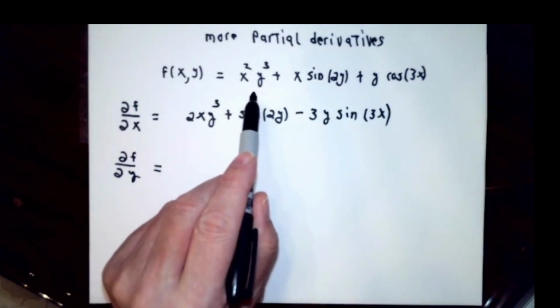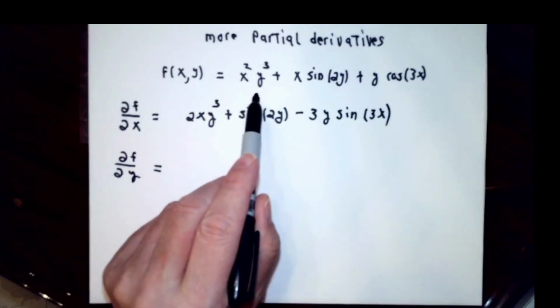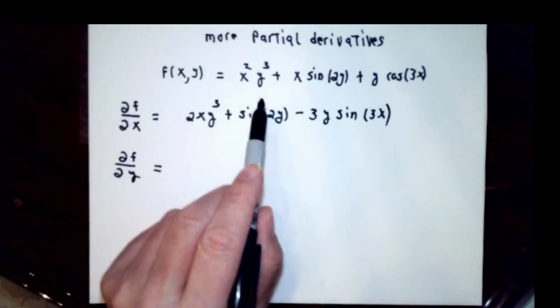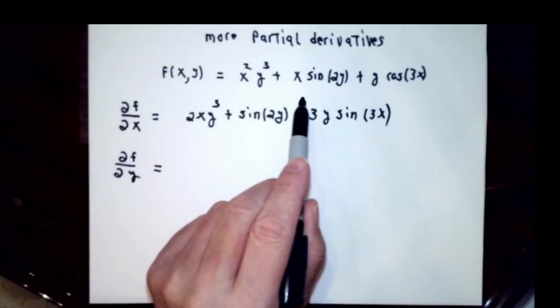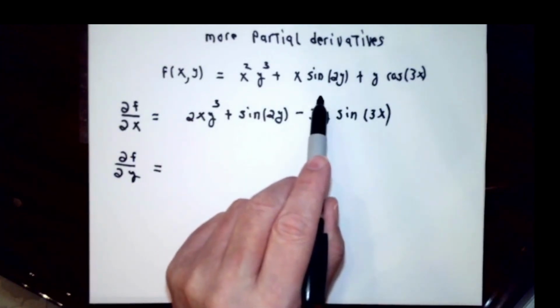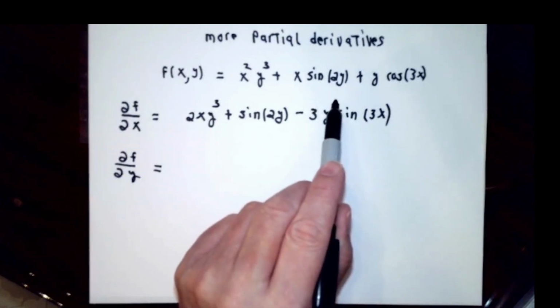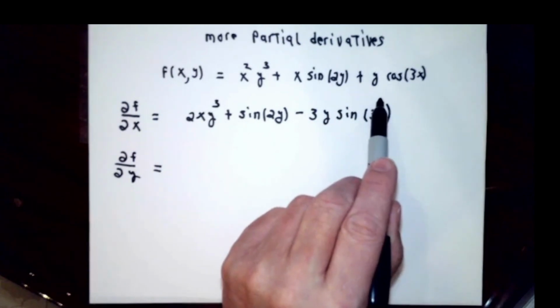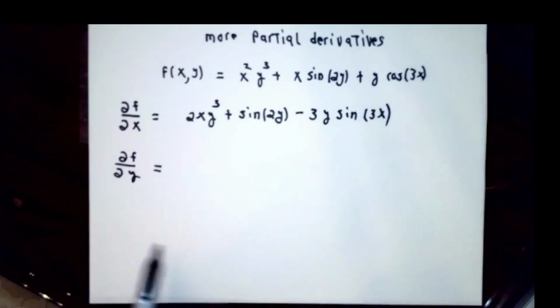This is the constant x squared times the third power of y. That'll be easy to do the derivative of. This is the constant x multiplied by sine of 2 times the variable y, and this is the variable multiplied by something that in this context I'm going to treat as though it was a constant.